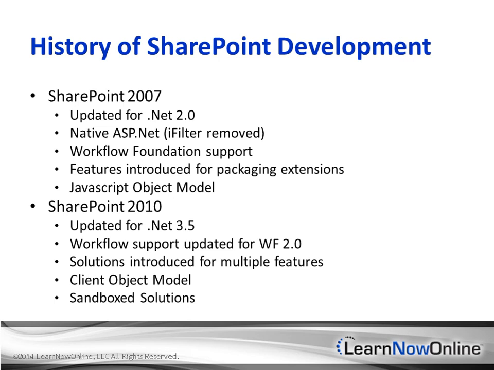The client object models came into play. Before this, it was actually working through SOAP web services and RSS feeds, which took the place of REST interfaces for SharePoint. The client object model actually allowed you to work with SharePoint with a language-based wrapper, so that things became a lot easier to access.